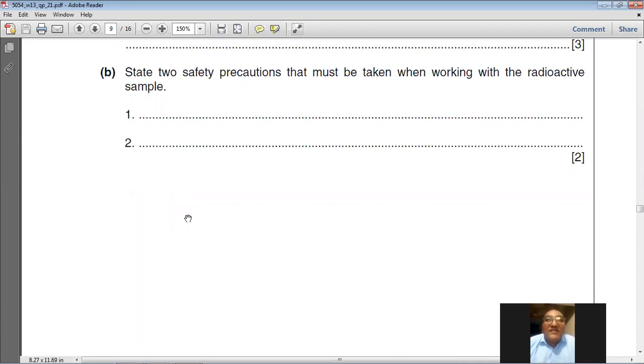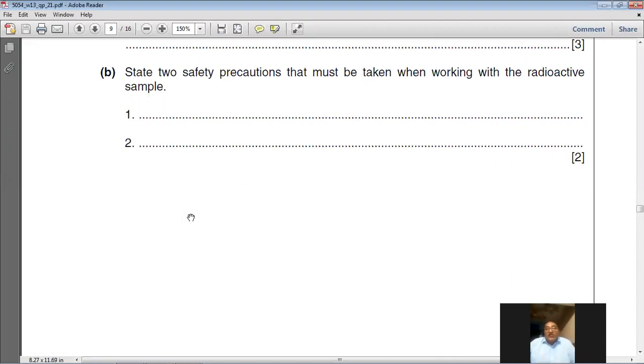One famous safety precaution is that you should be wearing lead lining clothes. You should be wearing lead lining gloves. Your exposure time should be very minimum. You should try to keep your exposure time to this radiation minimum.